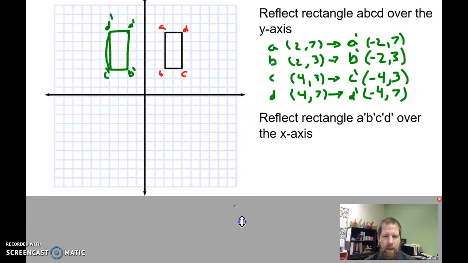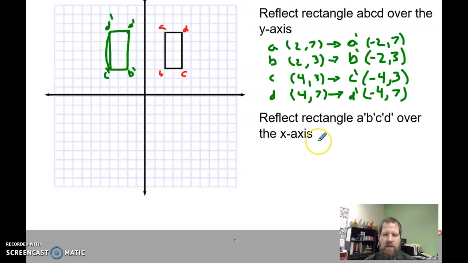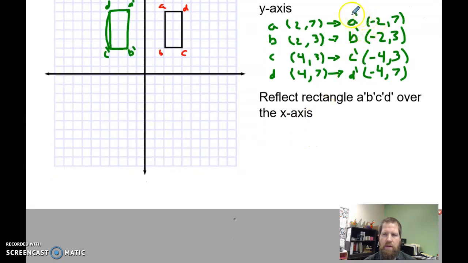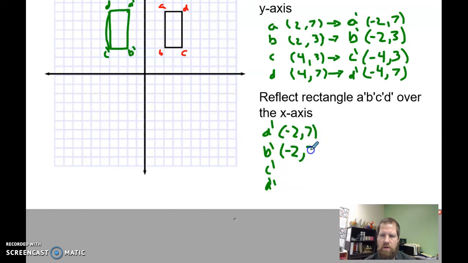Now, same thing, except we're reflecting over the x-axis. I've got A prime, B prime, C prime, D prime. I'll try and do this quickly. -2, 7, -2, 3, -4, 3, and -4, 7.